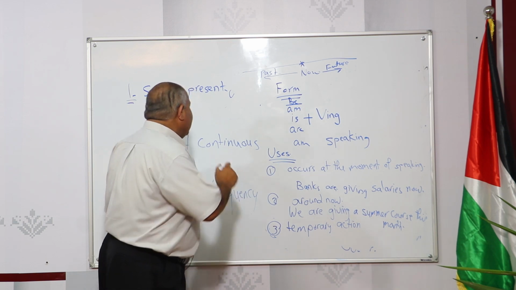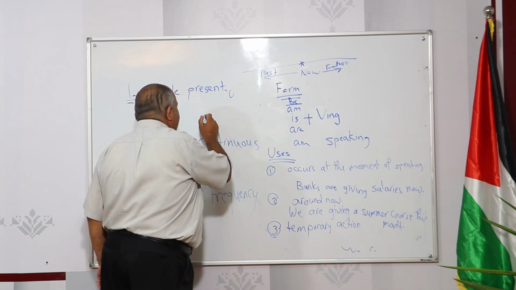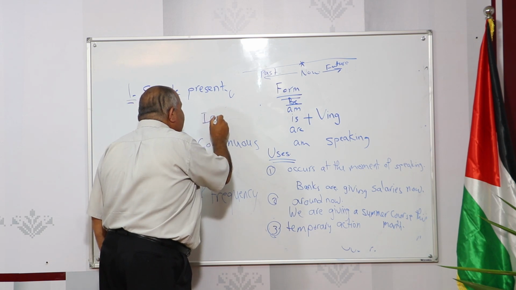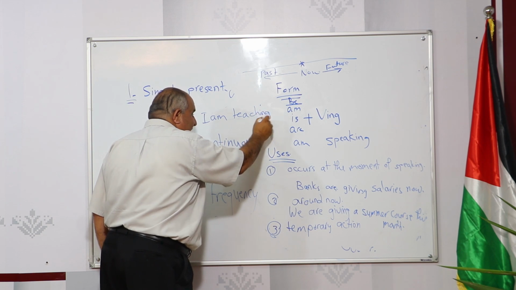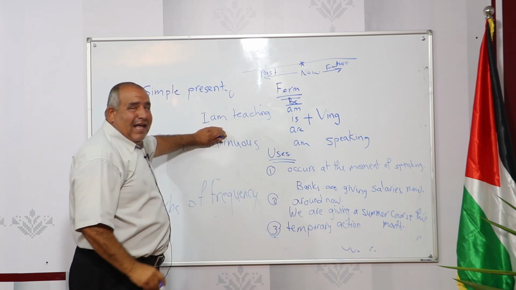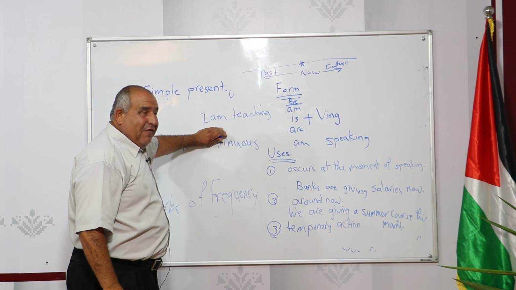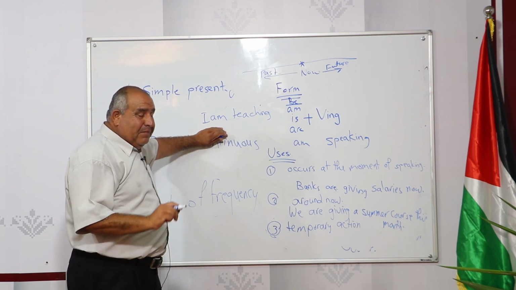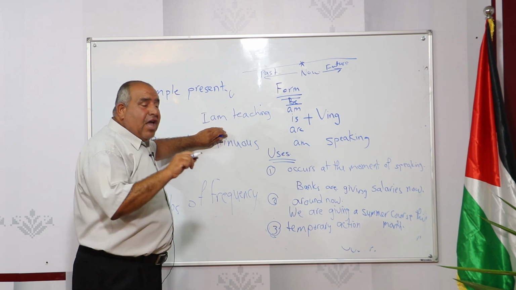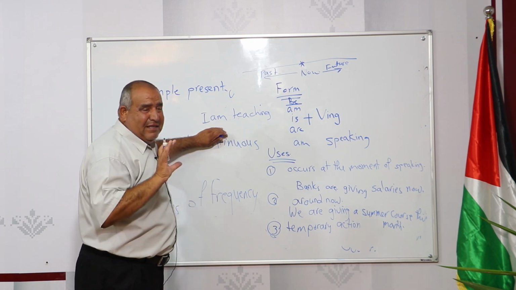Example, I say now, now I am teaching. Does the sentence mean that I will teach English for 7 days in sequence? No, it means now I am teaching it temporary, now, at this moment, that's all.